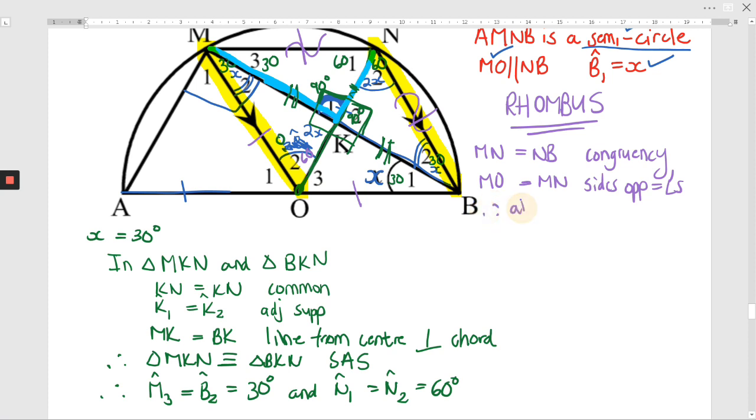Okay, so therefore all sides of MNBO are equal. I also have the diagonals bisecting. So remember that a square is a rhombus, and all sides could make it a square, but it doesn't. And that's actually enough. If you've got all four sides equal, then you have a rhombus.